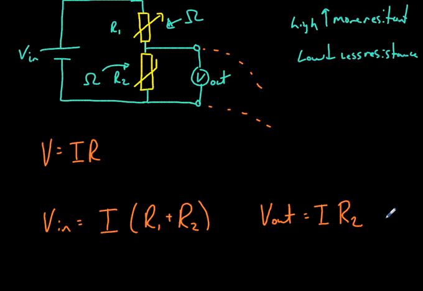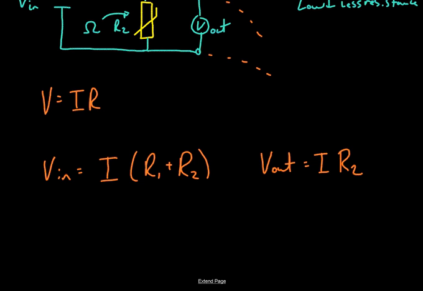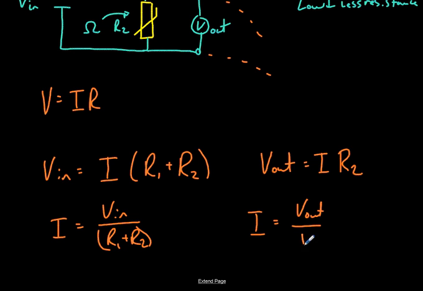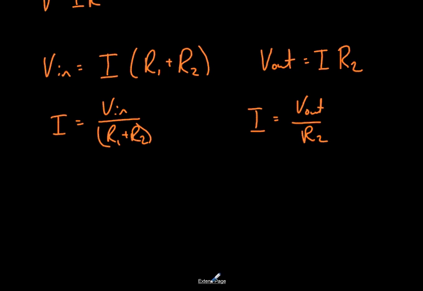Okay? And so what we want to do, since this current is going to be the same because these two resistors are in series, is we just want to rearrange both of these formulas to solve for I. So, okay, and we can see this.